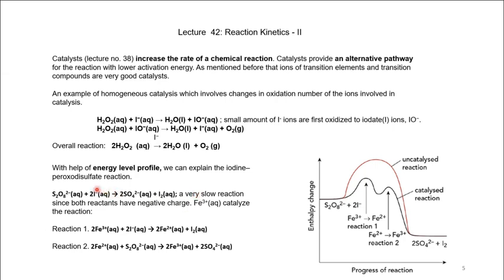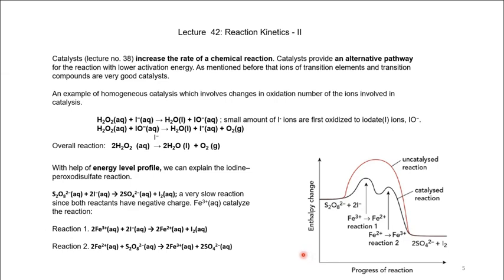Why is it so slow? Because this is a negative ion and this is also a negative ion, and the two negative ions repel, and therefore the reaction becomes rather slow. If we add iron 3 ion in aqueous media as a catalyst, we see that these two reactions can occur. Without a catalyst, we get the progress of reaction with enthalpy change like this, and it is a very slow reaction.